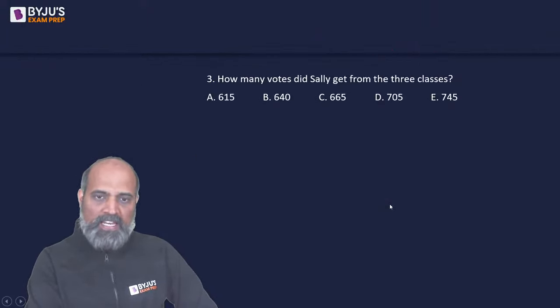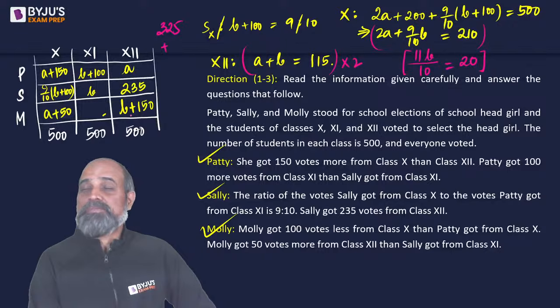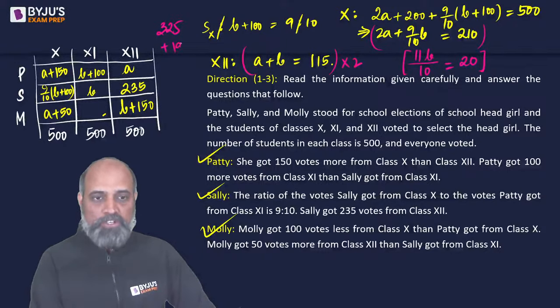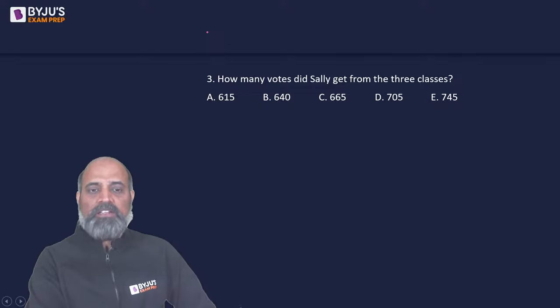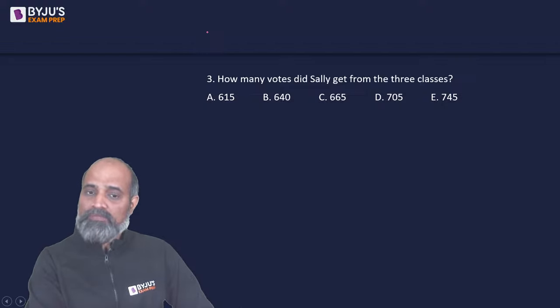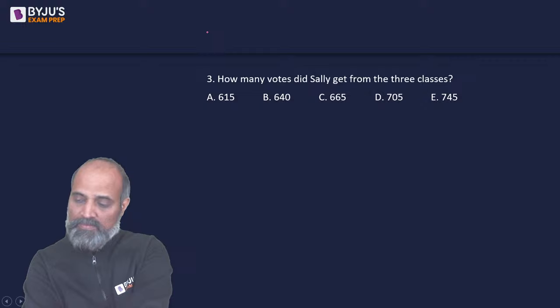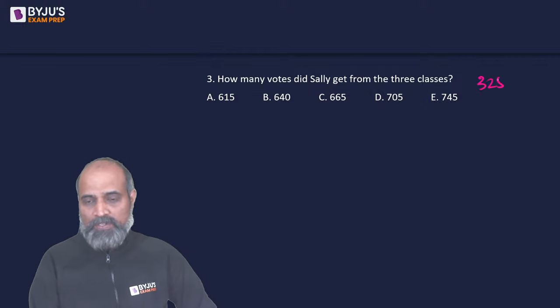Because if Sally is going to get the number of votes from the 3 classes is 235 plus 90, this is 325, plus B plus 9/10 of B, which is going to be 19/10B. तो इसको अगर देखा जाए तो 325 से कितना आ सकता है? 615 is 325 plus 380 is 705.